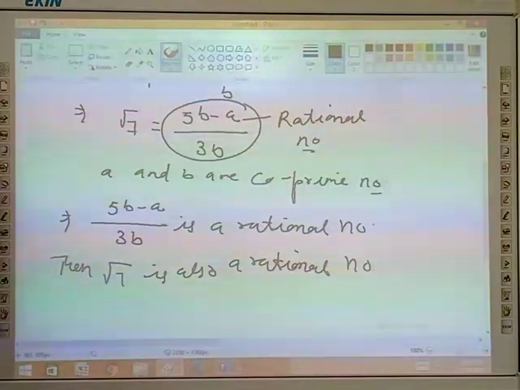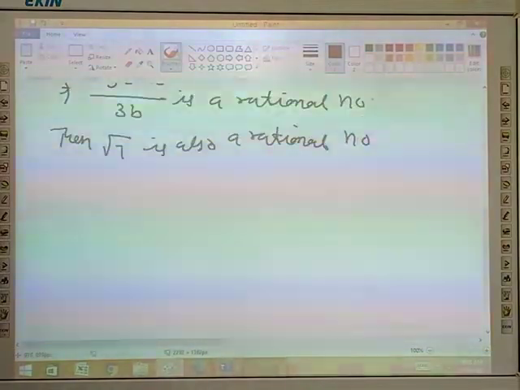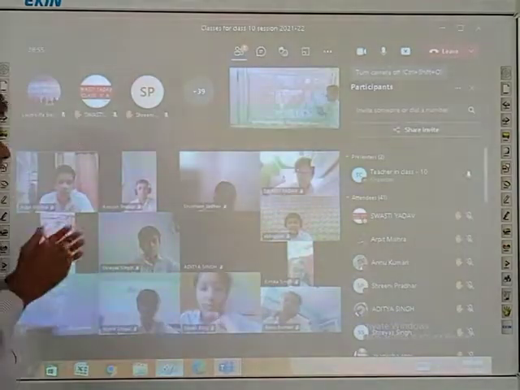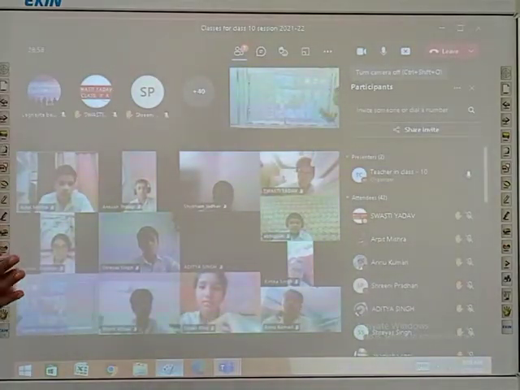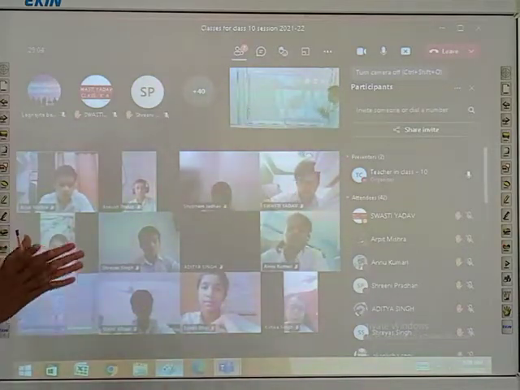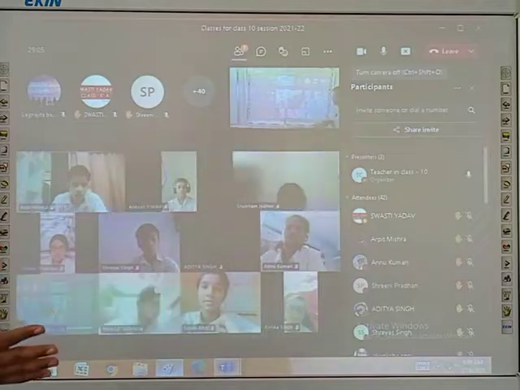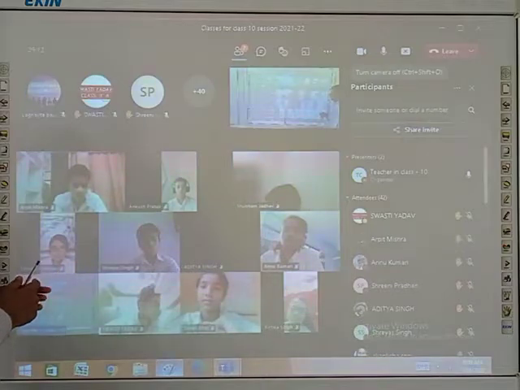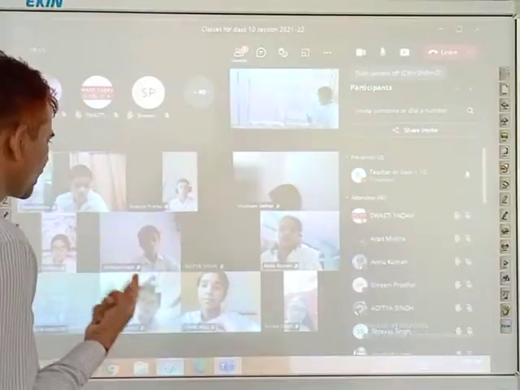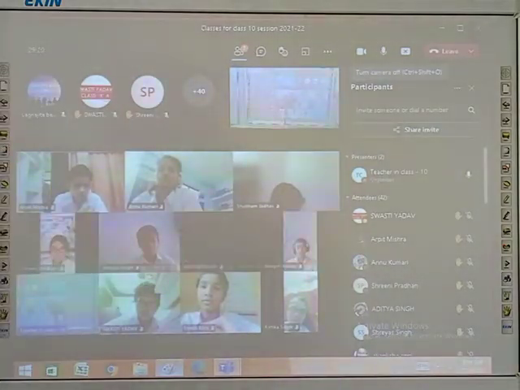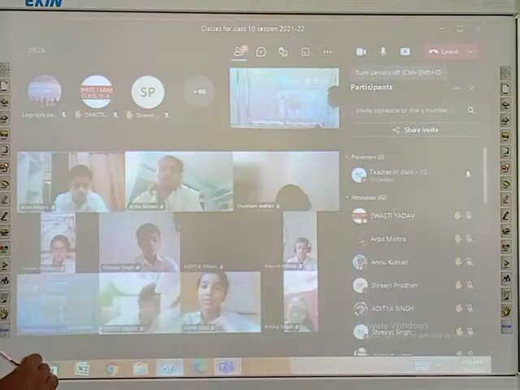But students, we have already discussed that root 7 is an irrational number. But here we are saying that root 7 is a rational number. Here are two statements: root 7 is rational, and root 7 is irrational. There are two concepts, which means there is a contradiction.